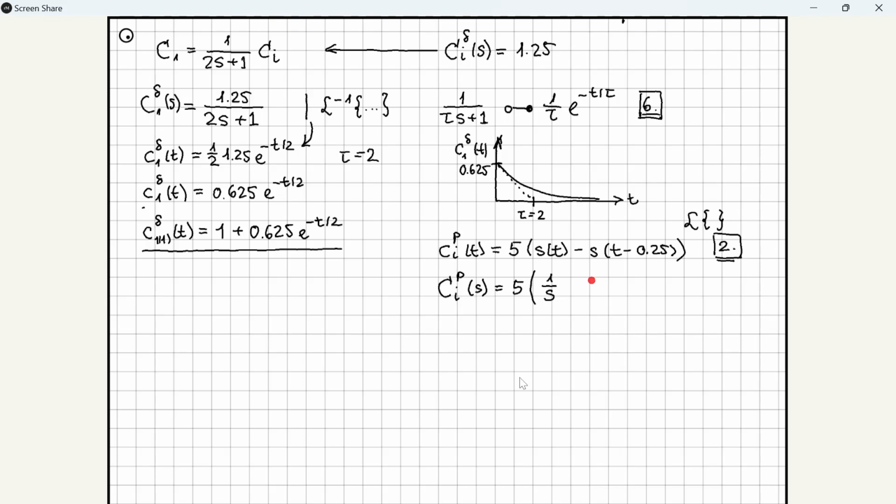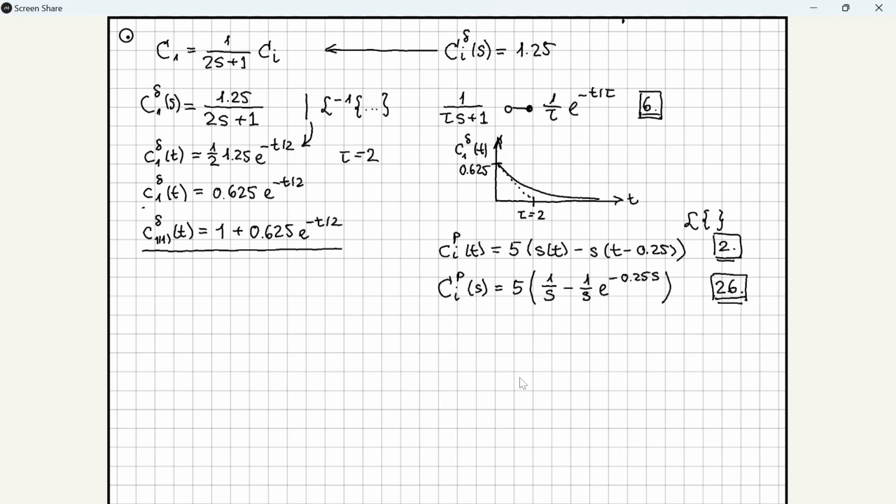And now I have to use the Laplace transform of a delayed step. So I have to use number 26. Number 26 says, if I have a delayed function, I take the same function, but I have to multiply it with e to the minus the time delay, so of course not t, times s, like that.